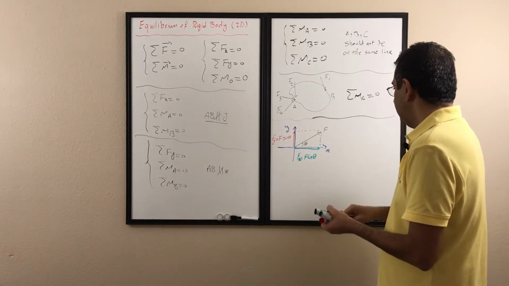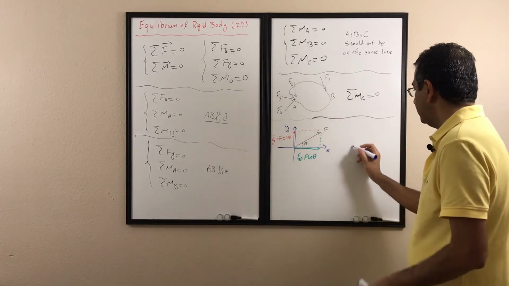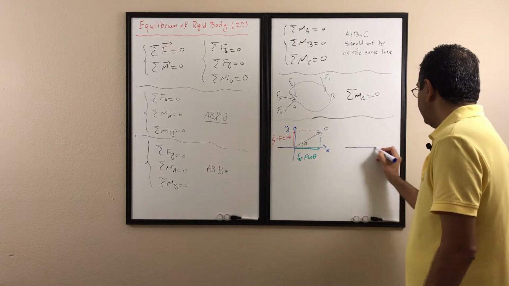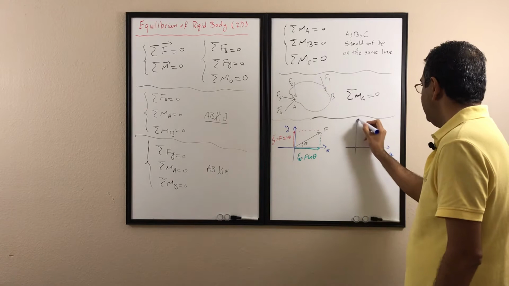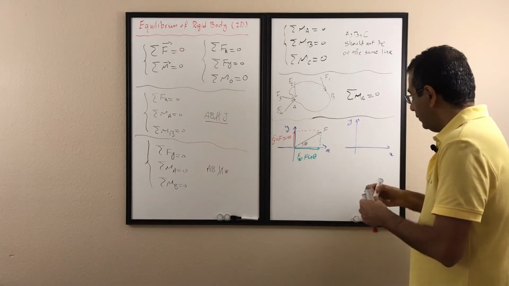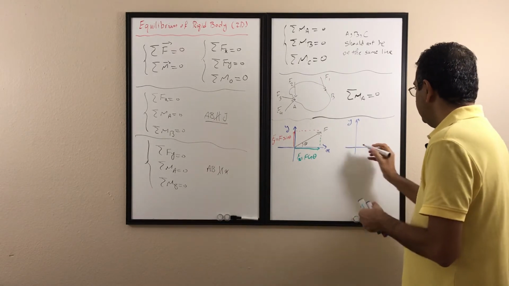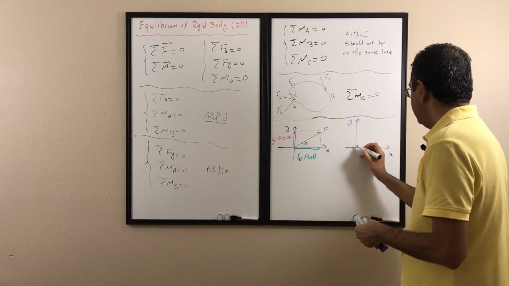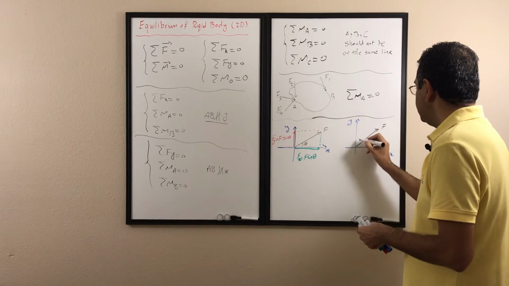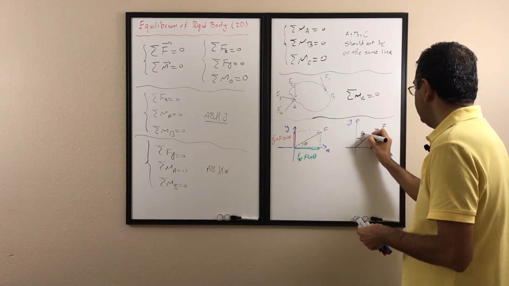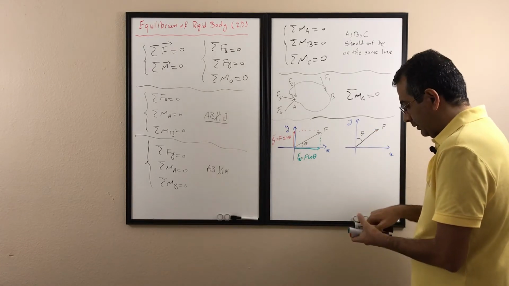Similarly, if I draw another example and assume it's flipped. So again, I have x and y, and I have the force here, that's F, and this time assume this is theta. This time again it's going to be the same thing.